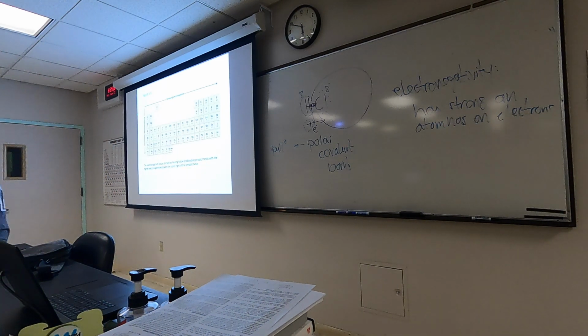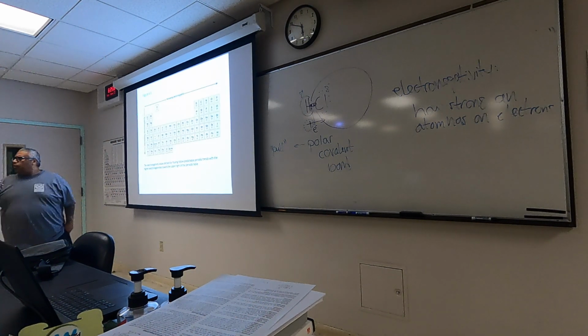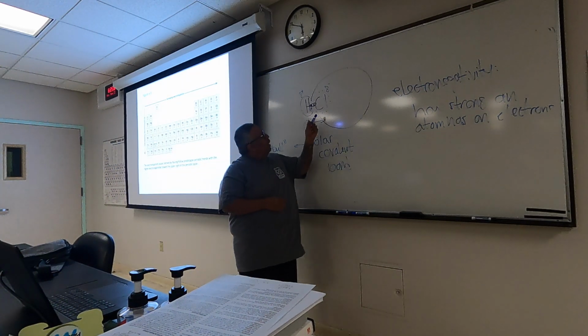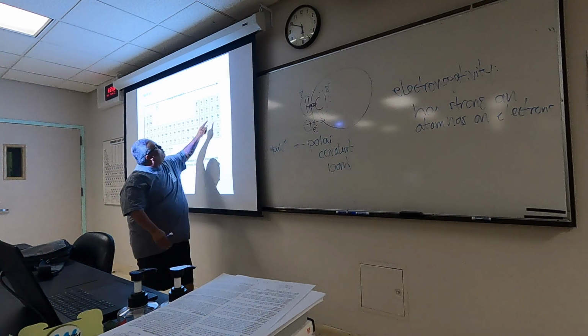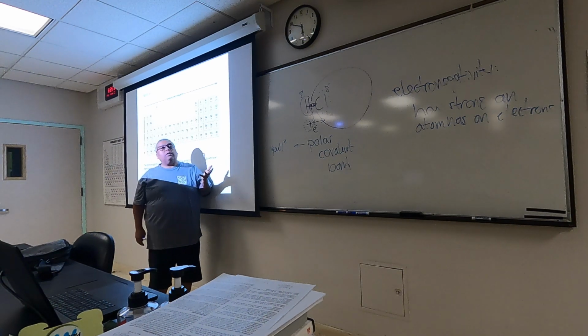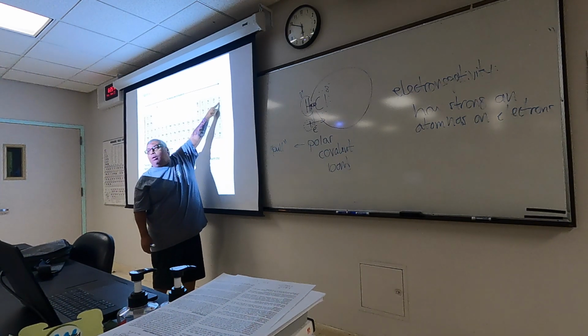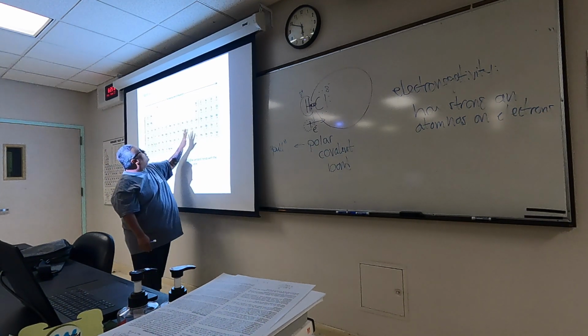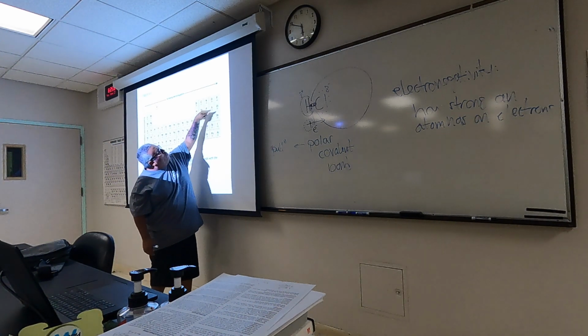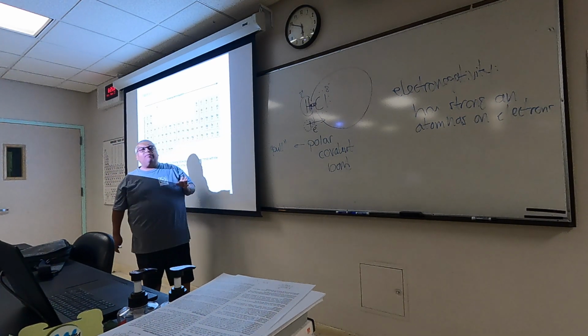So fluorine has the strongest pull on electrons. And any element that's close to fluorine also has a strong pull on electrons. Fluorine has the most. This is 4.0, not 40, but there is a point between these. So this is 4.0, 3.0, 2.5, 3.5.